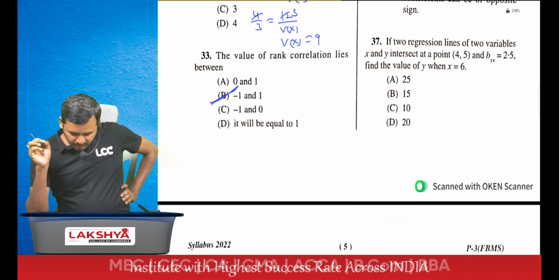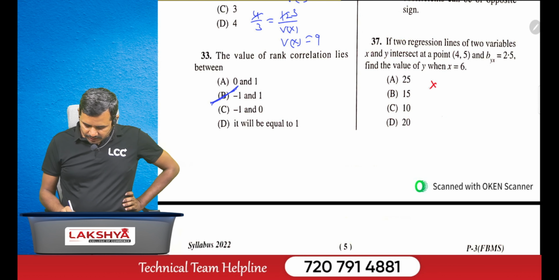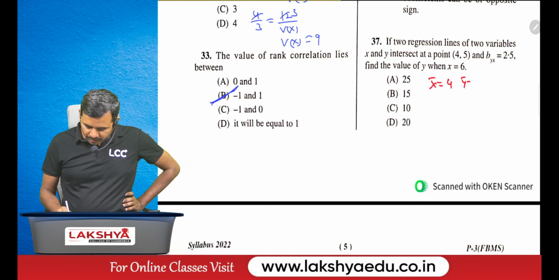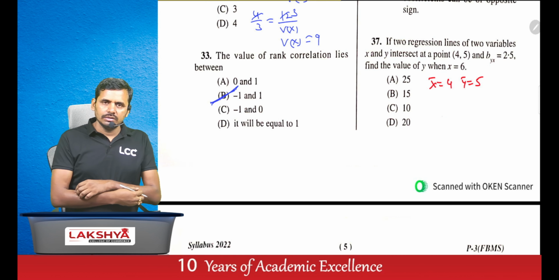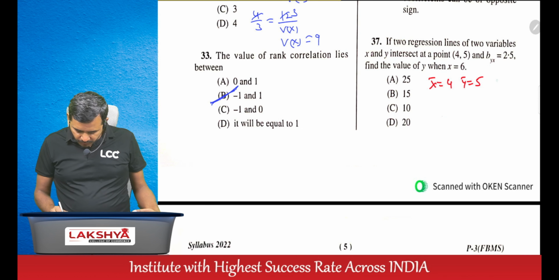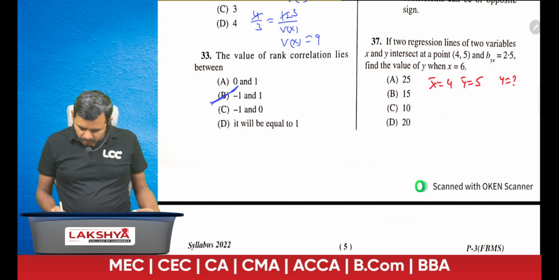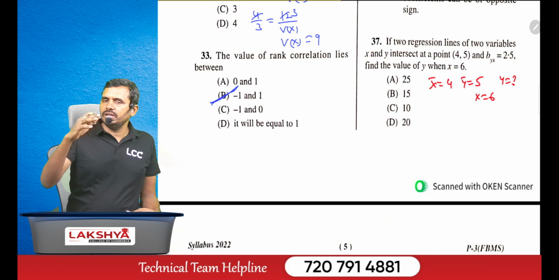The two regression lines of the two variables x and y are intersecting at 4, 5. Clearly, x bar is equal to 4 and y bar is equal to 5, because both the regression lines meet at their means. And byx value is given as 2.5. What is the value of y when x is equal to 6? Here we want to find y depending on x, so we require the equation y on x.